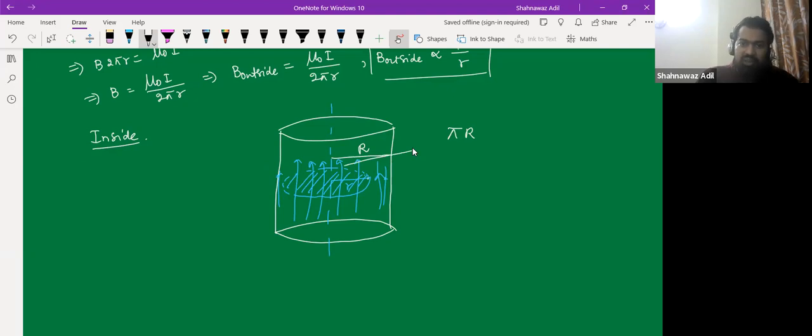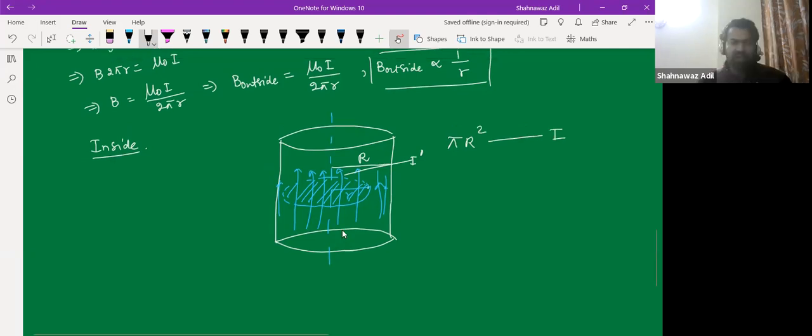From the whole area, that is I. So from pi r square passing through this part is pi r square, right?